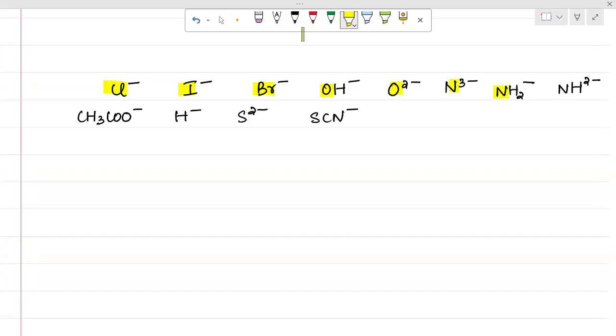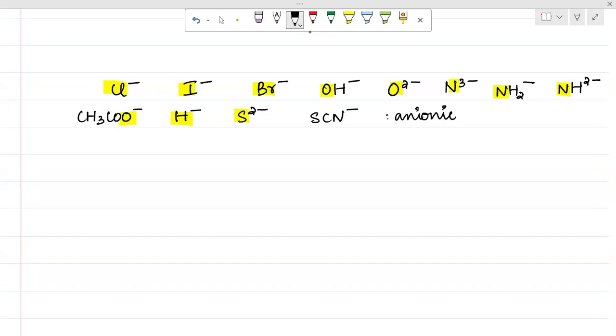Here N is a donor, here also N is a donor, here oxygen is a donor, H is the donor, S is the donor. Here both S and N can act as a donor. At a time, only one will act. We'll talk about them in detail, but at a time, only one will act as the donor. And these are all examples of monodentate anionic ligands. These are anionic because they carry a charge.